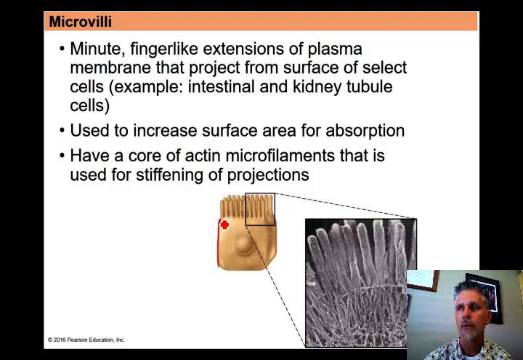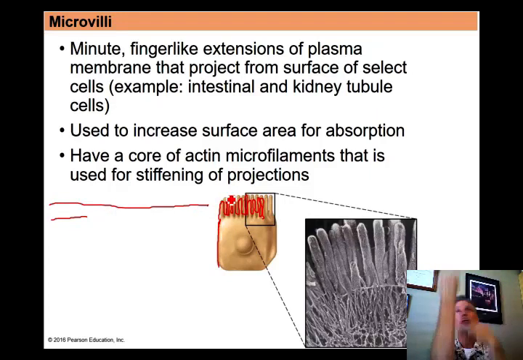But if we look at this apical surface, look, it goes up and down and up and down and up and down. If we stretch that line out, it would be like this long compared to what we saw here, which was maybe just this long. So we increase the surface area. It's a lot more places where we can pull things across into the cell, etc. So those are the microvilli.